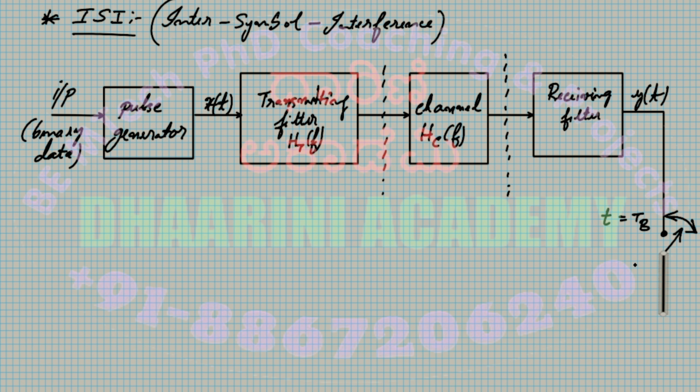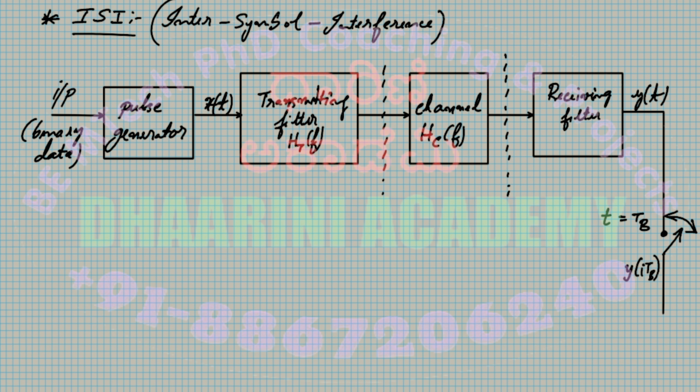This is still y, but this is y of i times Tb, where i is an integer, like 1 into Tb, 2 into Tb, second sample, 3 into Tb, third sample, and so on.